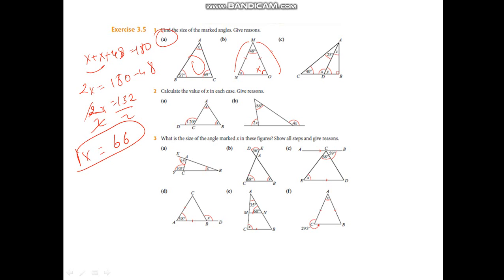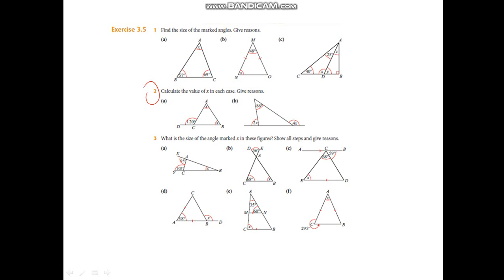And what about the second question of A? There we have two interior angles and opposite of them one exterior angle. What was the property? x plus x, the two interior angles, is equal to the exterior angle, 120. 2x is equal to 120, so divide by 2, x is equal to 60.